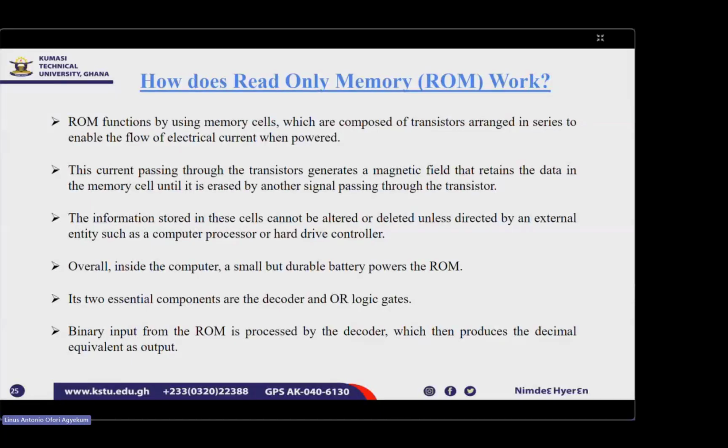And so within the ROM, whatever information has been stored in the cell cannot be altered or deleted unless this is done by an external entity like the computer processor or the hard drive controller.